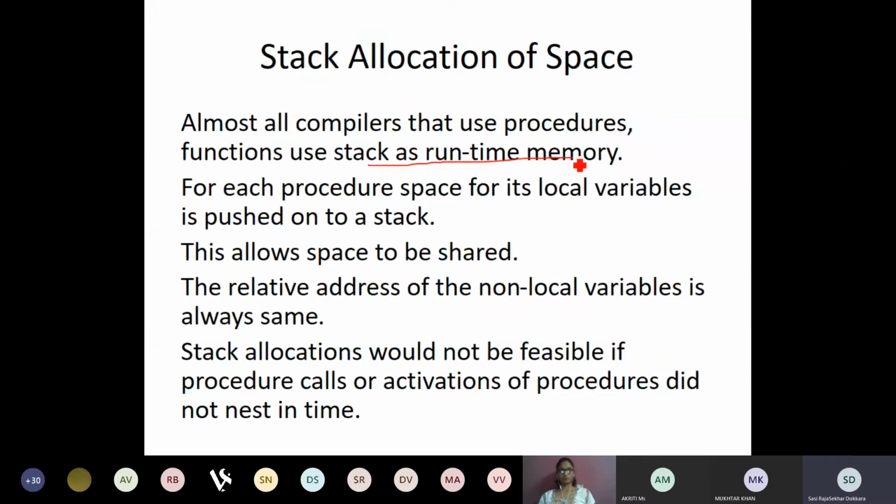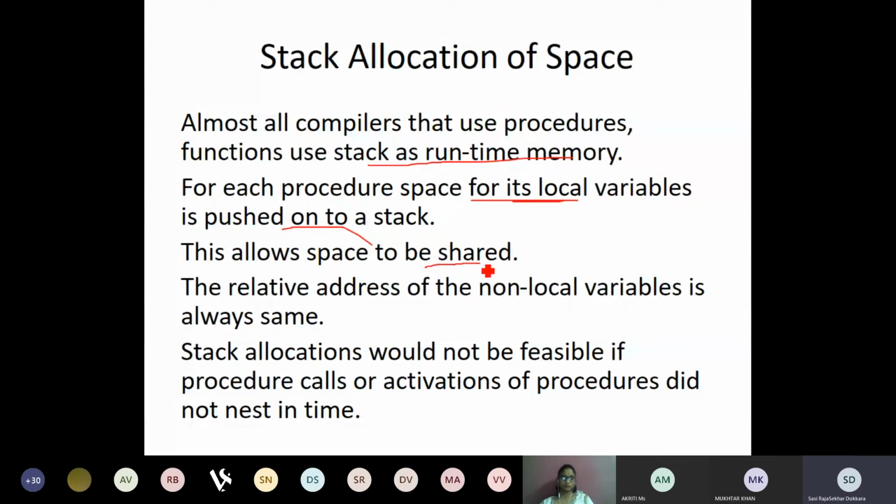If stack is used, the advantage is that for each procedure, the space for its local variables can be pushed onto a stack. Because of that, this allows space to be shared.